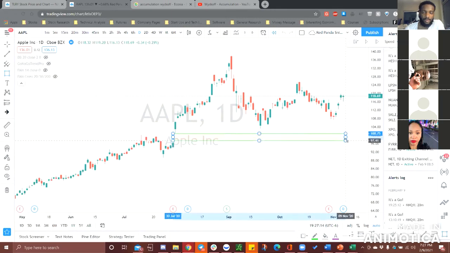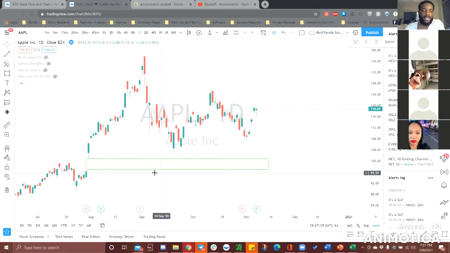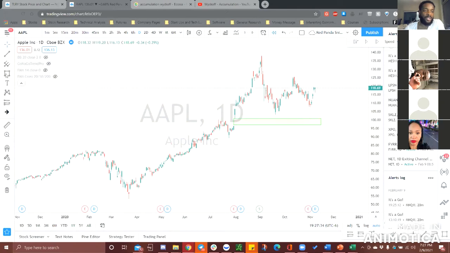Basically it means there's no price action, nothing happened, like it skipped a lot of orders to get here. And that's not how price is supposed to move.